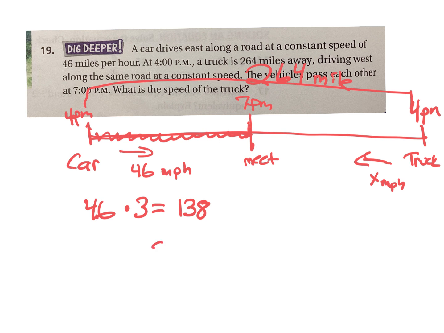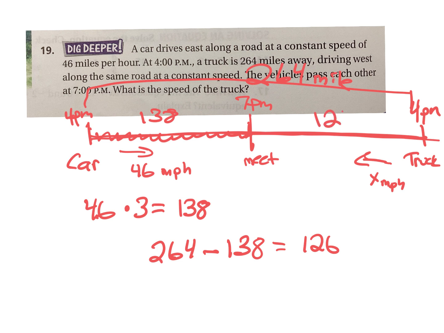So now, if I take 264 minus 138, because this right here is 138, that'll leave me how many miles this truck has to go. 264 minus 138 gets me 126. So the truck is going to go 126 miles in 3 hours.